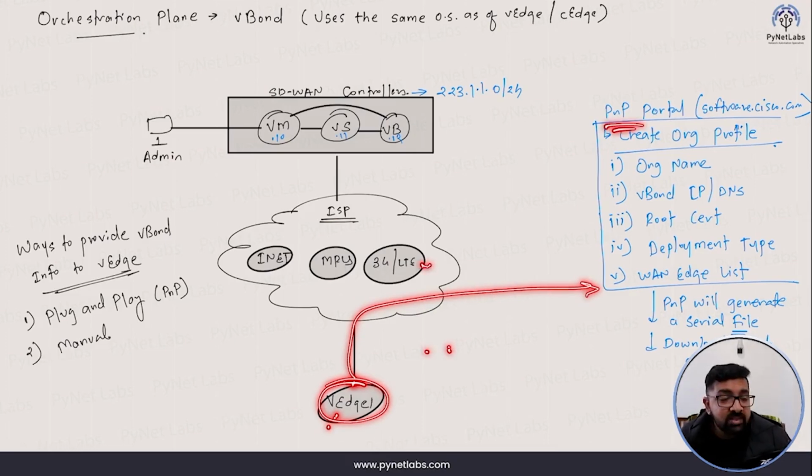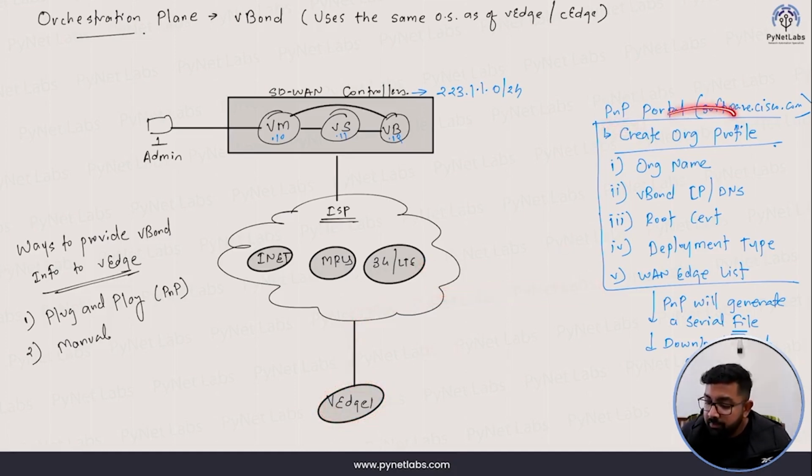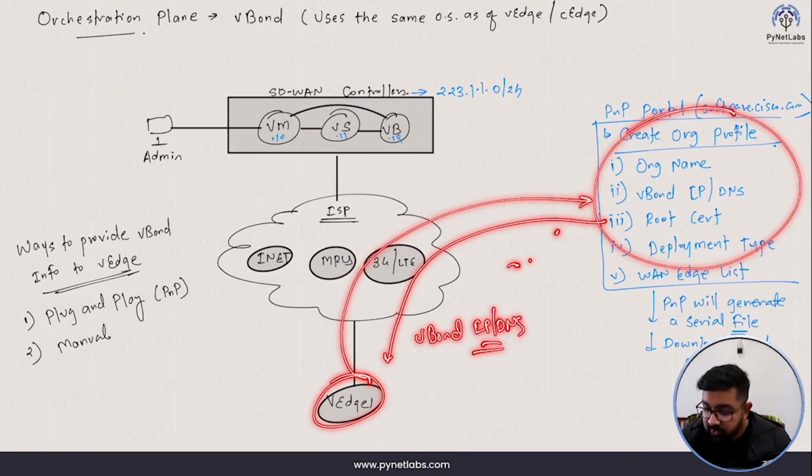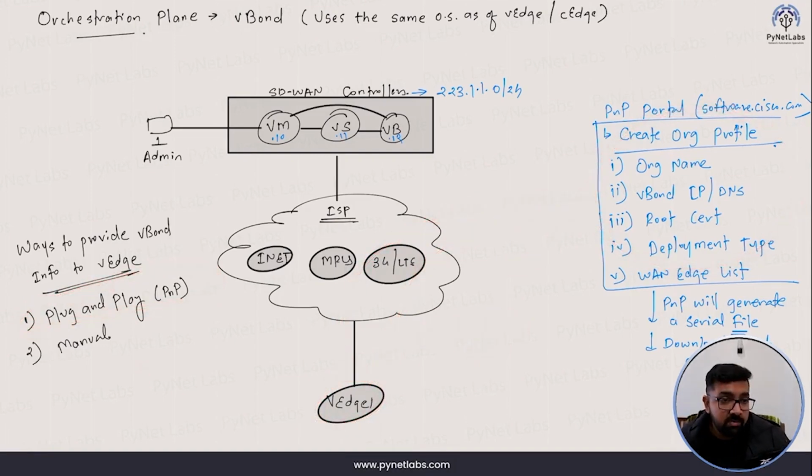As soon as it discovers internet reachability, it talks to the PNP portal. The PNP portal identifies that this WAN edge belongs to some organization based on the chassis number and all that, and then replies with the vBond IP or DNS address to the WAN edge. That's how, using plug and play, the WAN edge gets to know about the vBond's IP.